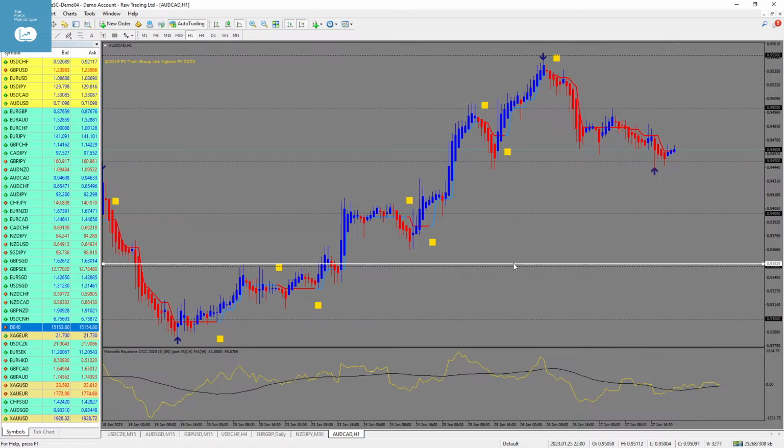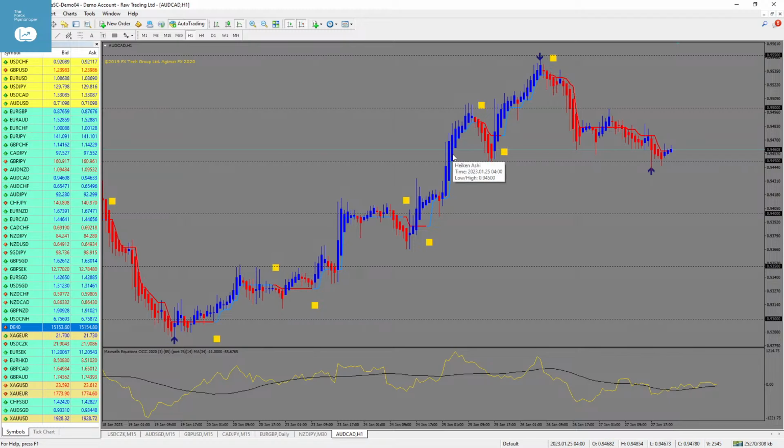I don't think that we see a strong sell trend next week. In my opinion, it could maybe retest this area again if this support holds, like I told you. So I'm a little bit in a buy mood on this pair so far.